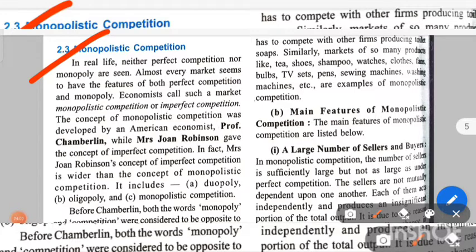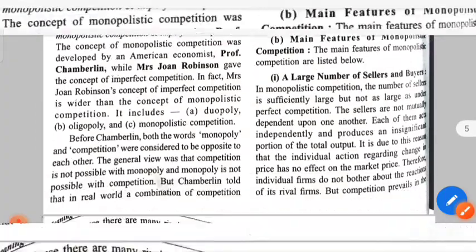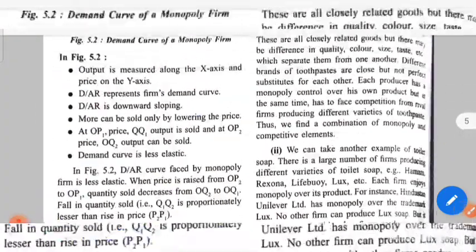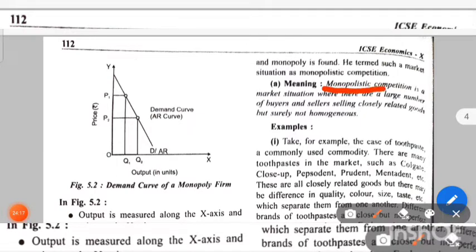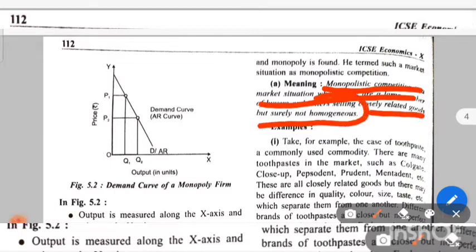Now what is monopolistic competition? It is an actual market where there are a large number of buyers and a large number of sellers selling heterogeneous products. Let's see the meaning. Monopolistic competition is a market situation where there are a large number of buyers and a large number of sellers selling not homogeneous products.